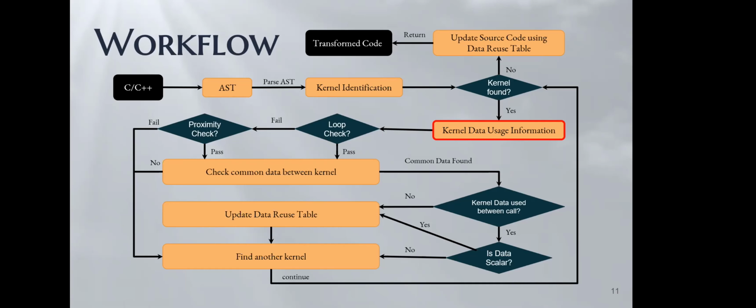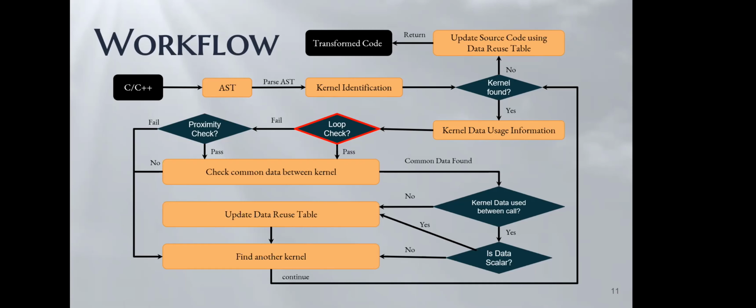We also save information like the location of the kernel and what are the places in the code where a particular variable is used. Next, we perform two checks on the kernel itself, loop check and proximity check. In loop check, we analyze if the kernel is called from inside a loop or not, as this is a prime contender for data reuse, as in every subsequent call to the kernel they might be reusing the same data again and again.